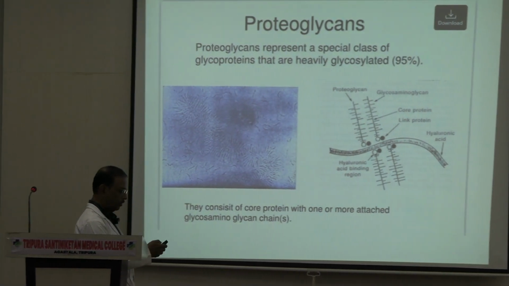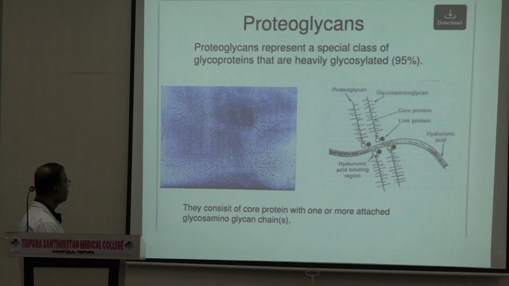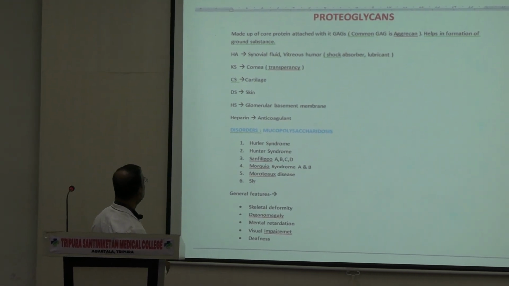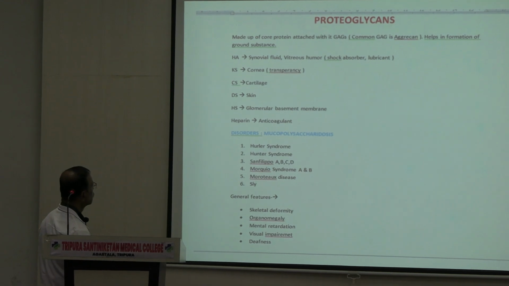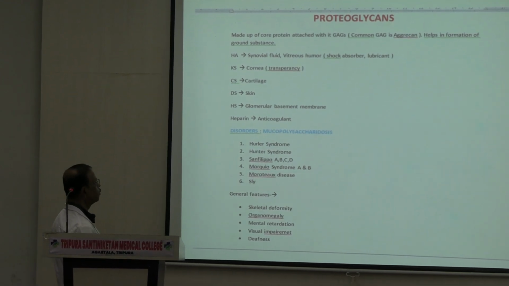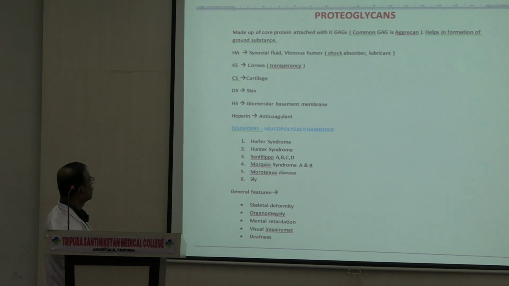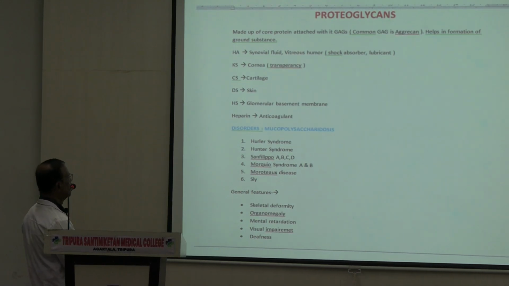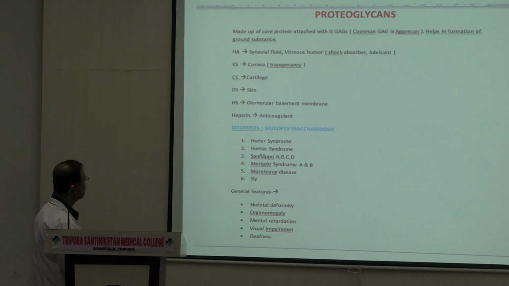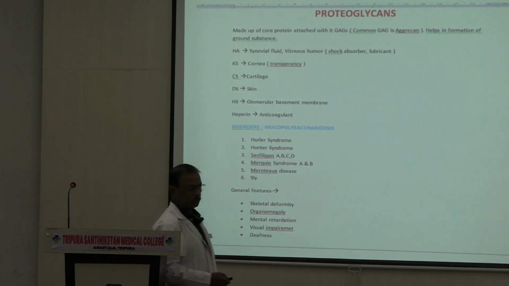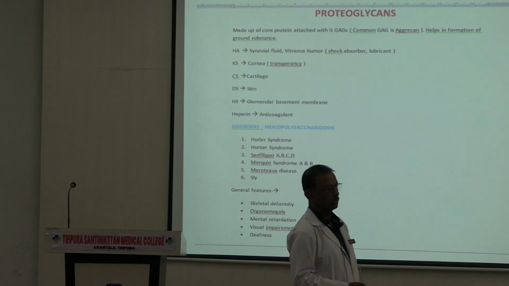Now this is the structure of proteoglycans. The glycosaminoglycans which are abundantly present in proteoglycans are hyaluronic acid, keratan sulfate in the corneal tissue, chondroitin sulfate in cartilage, dermatan sulfate in skin, heparan sulfate in glomerular basement membrane, and heparin which acts as anticoagulant. Okay.